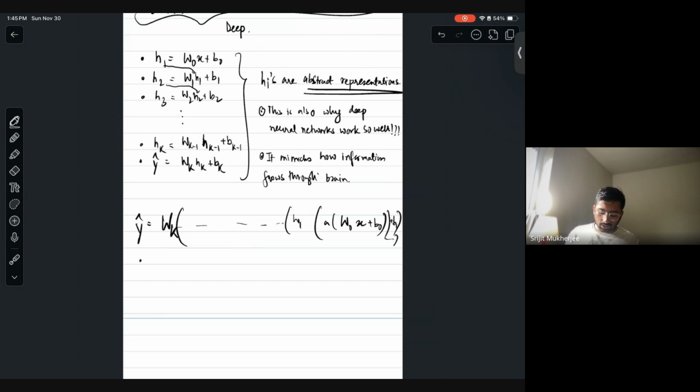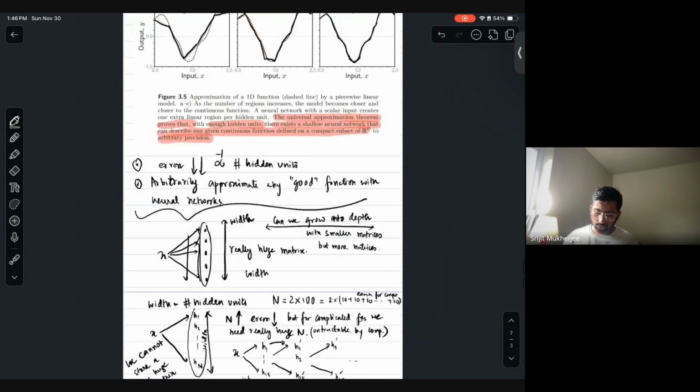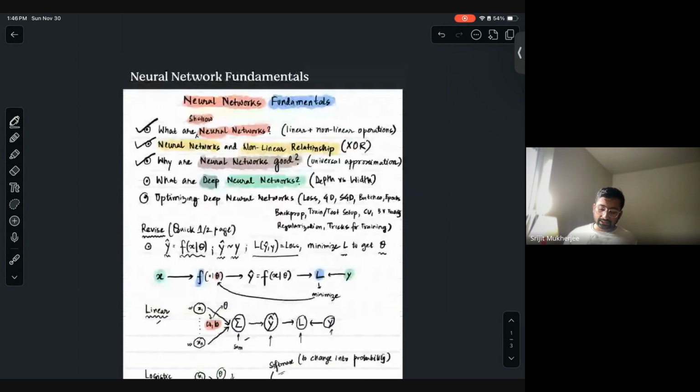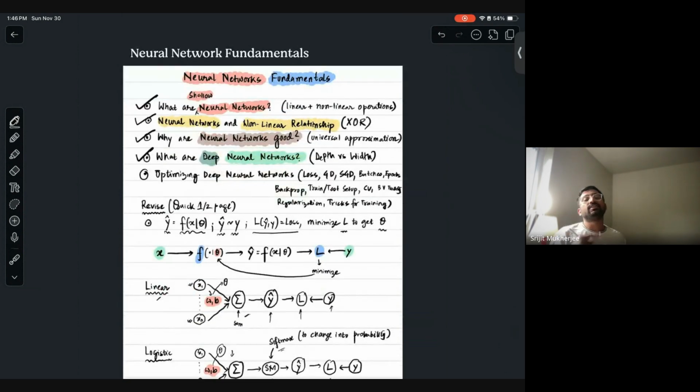This is called composition of functions. Did you understand it, guys? Yes or no? Vivan? Super. So this is just deep neural networks, and we have understood carefully why these work so well.